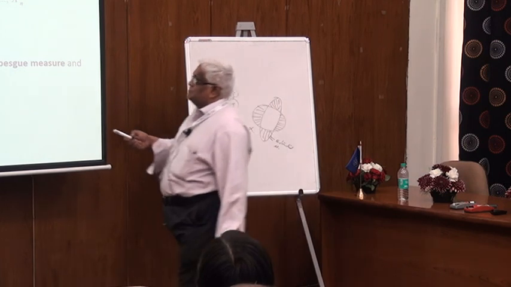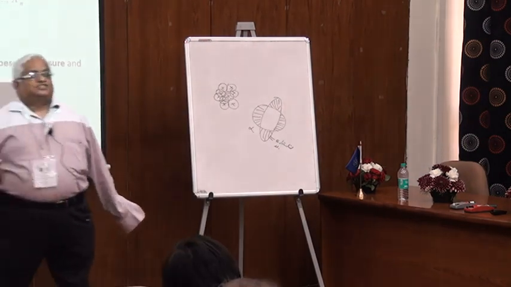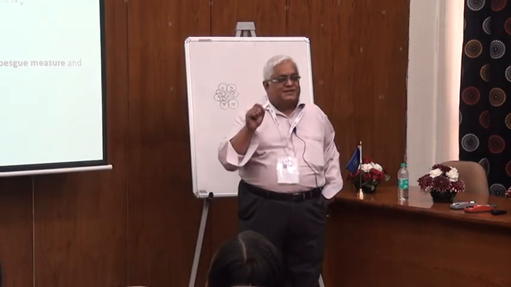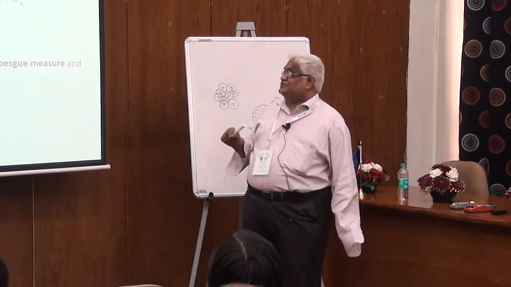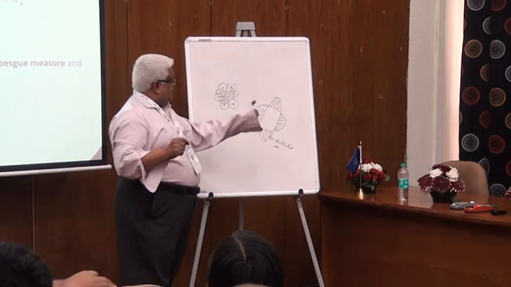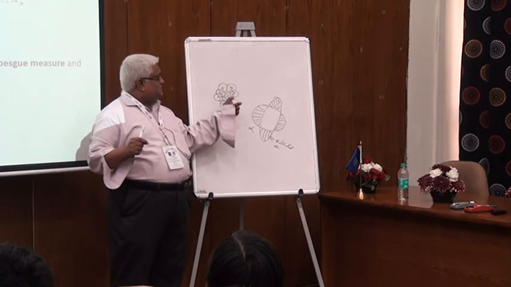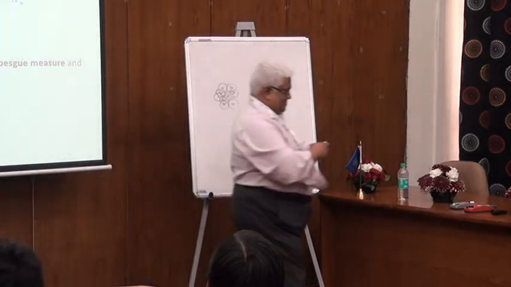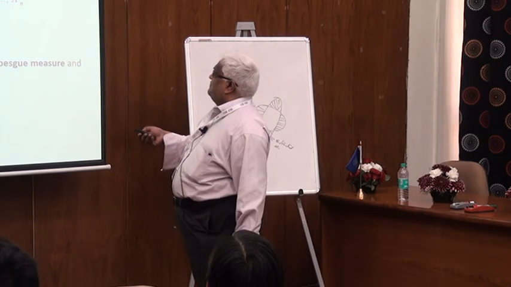So that should go to 0 as n goes to infinity. Then you call the procedure consistent. This is the definition of whether your estimation procedure is good or not: consistency. Now one has to show that the procedure is consistent. For that, there are some conditions on the value of the radius.